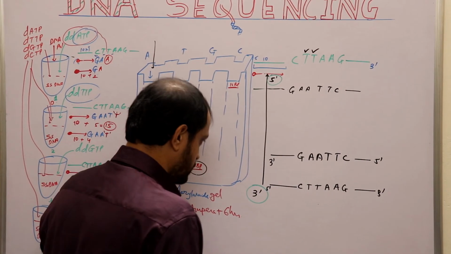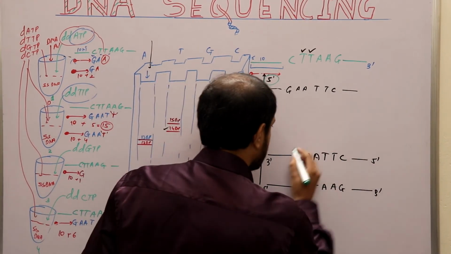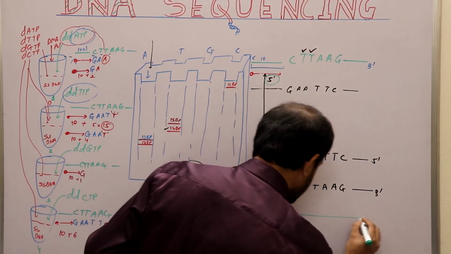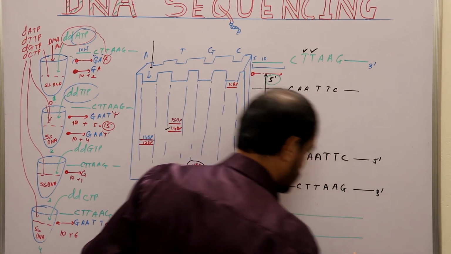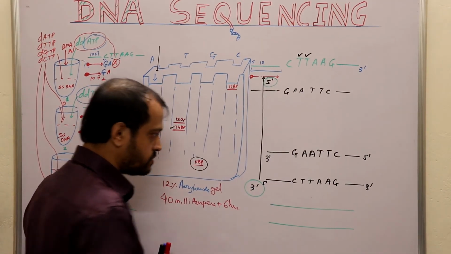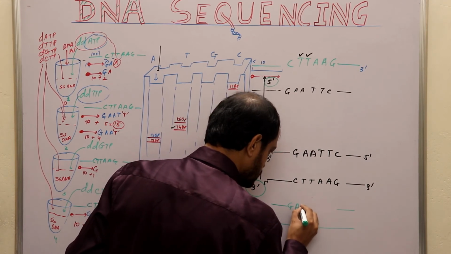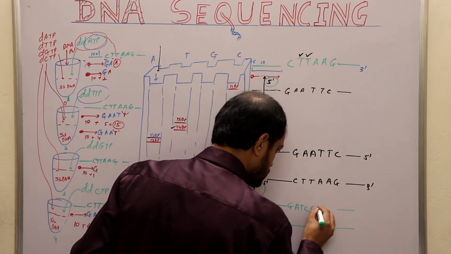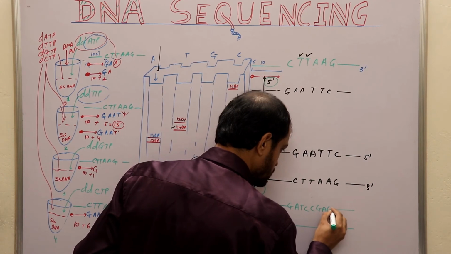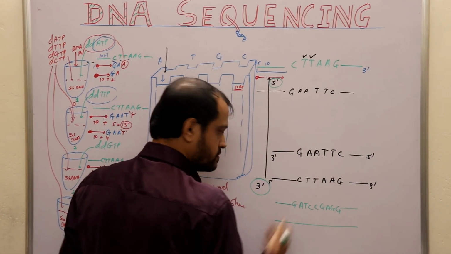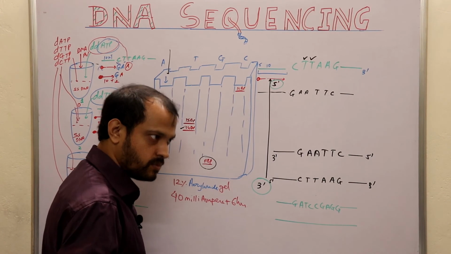Now listen, suppose this is a gene. Now a few details about Sanger sequencing. Suppose this is a gene and suppose this is your sequence, okay? You want to know.